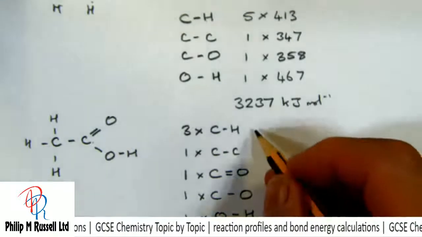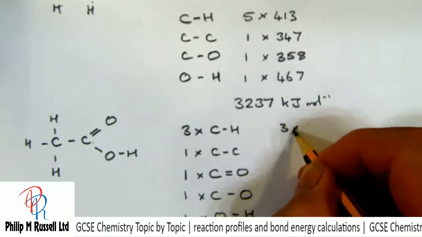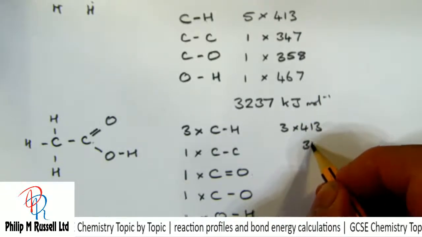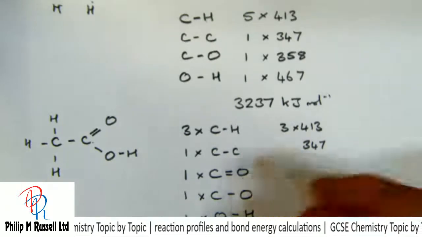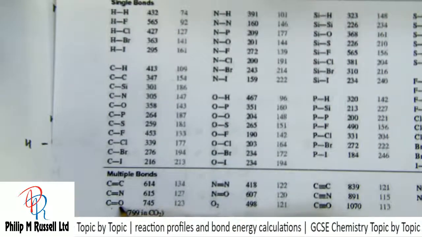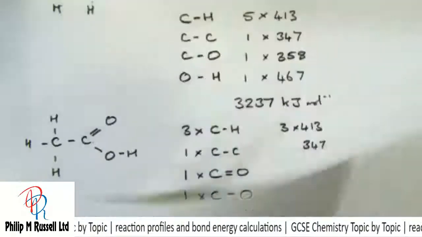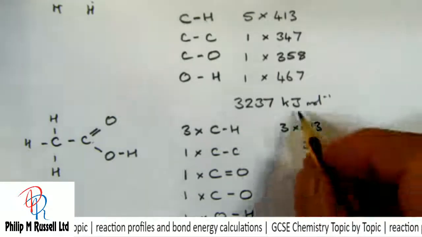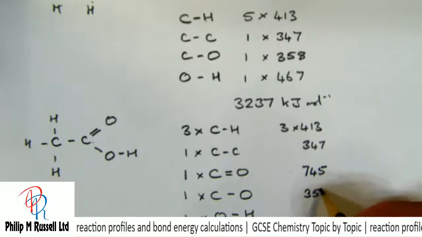We've got all these figures here apart from this one, so this is going to be 3 times 413 plus 347, and we need to work out a carbon double bond. So carbon double bonded to oxygen is 745, and we compare that with a single bond, which is here 358.